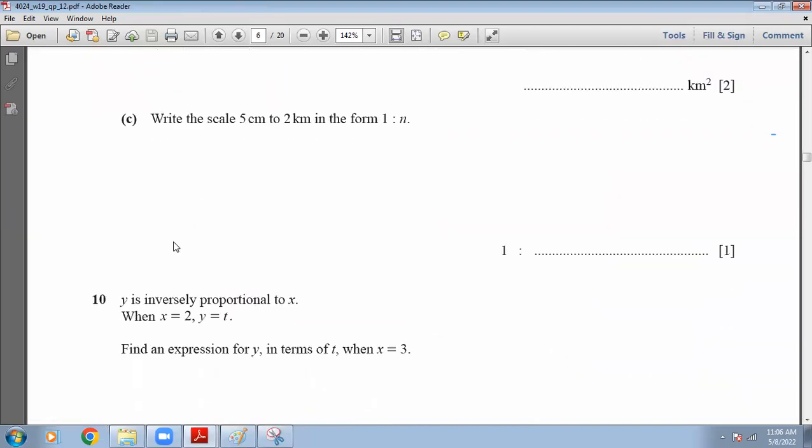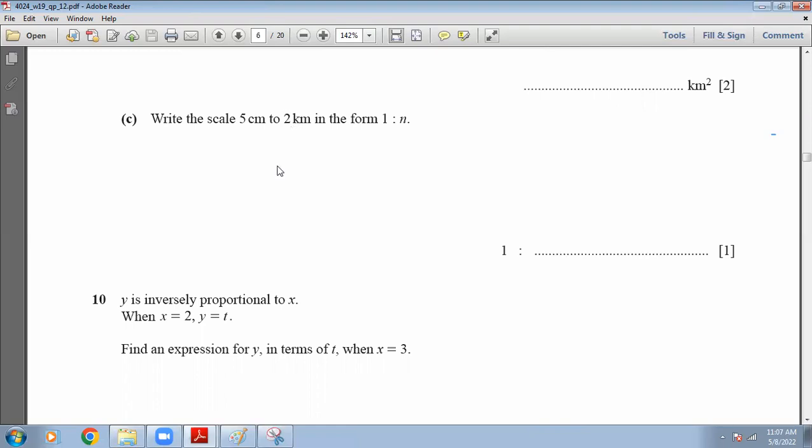He says, write the scale 5 centimeters to 2 kilometers in the form of 1:n. This is the RF form. We have to write that in the ratio form. When you put both the quantities in the ratio, you know that the units must be the same. Either both of them should be in centimeters, or both in kilometers. So I will write 5 centimeters ratio 200,000 centimeters.